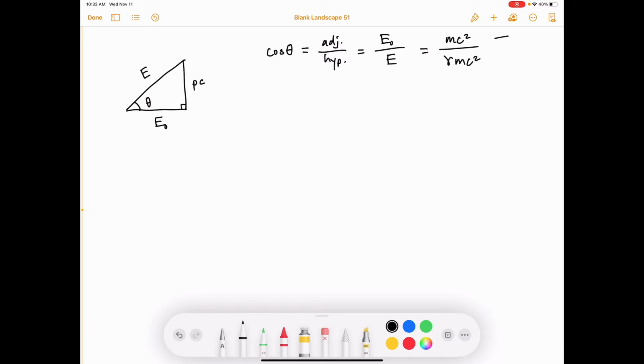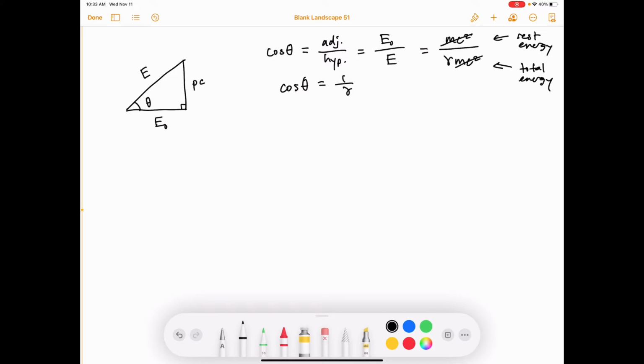So again, this is rest energy on top, and then total energy on the bottom. So the total energy also includes kinetic. Now, what we can do is cancel out the MC squared to give us cosine theta is just 1 over gamma.